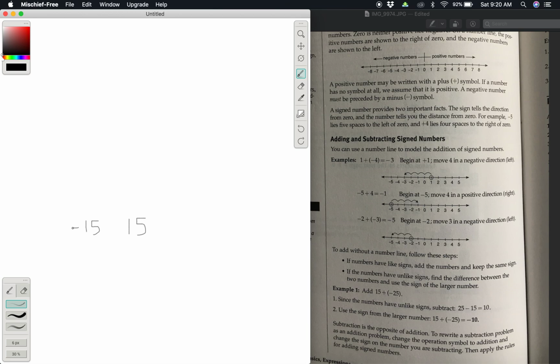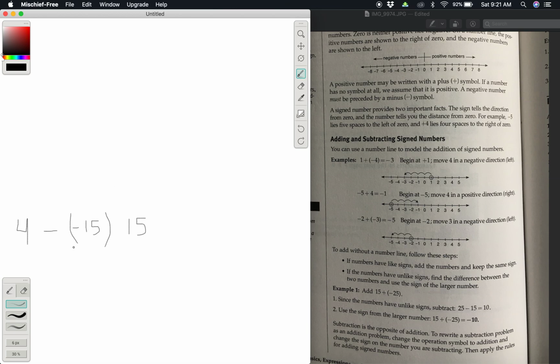Also, sometimes they will put these numbers in parentheses. Just for example, it's probably better if I show that as a minus. So 4 minus negative 15.